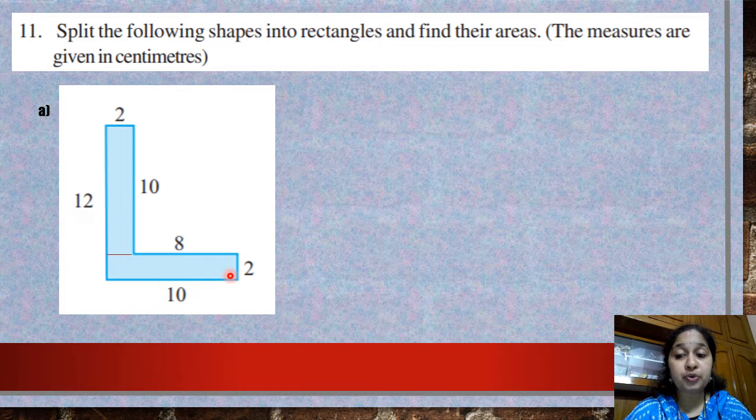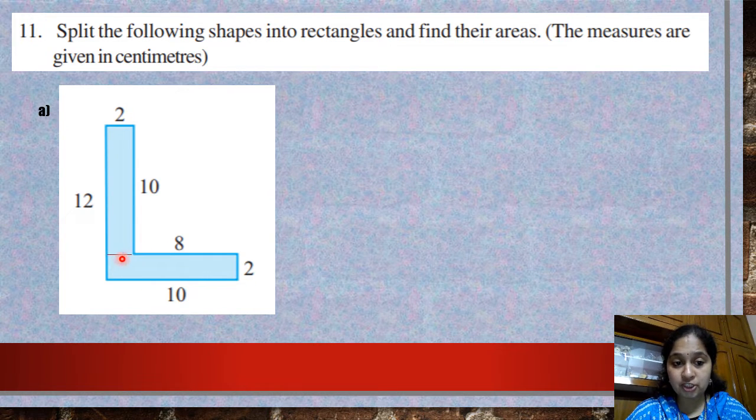So what do we do for such figures? We need to split the figure into different parts and then find the area of each part and then add all the part areas, and we get the final area of the figure. So here this is an L-shaped figure.